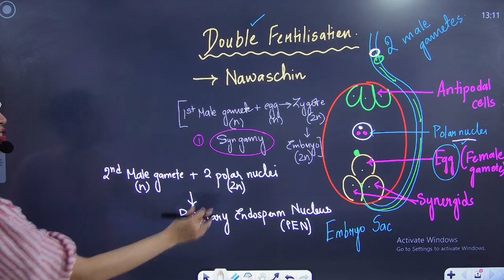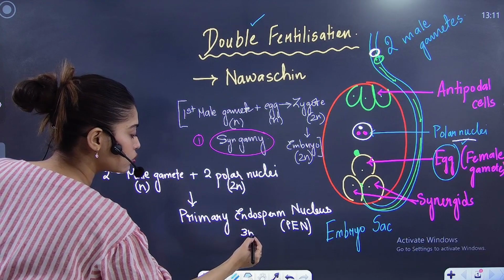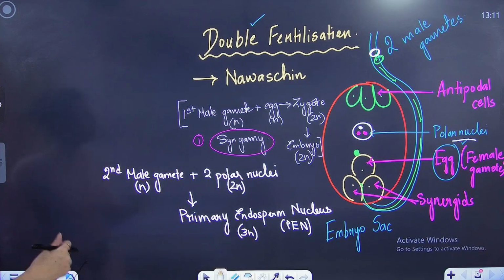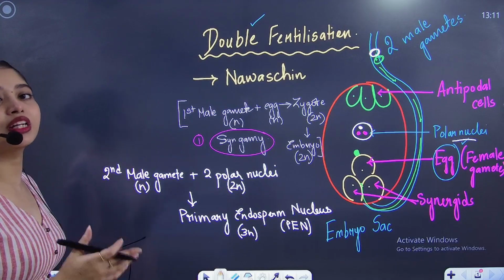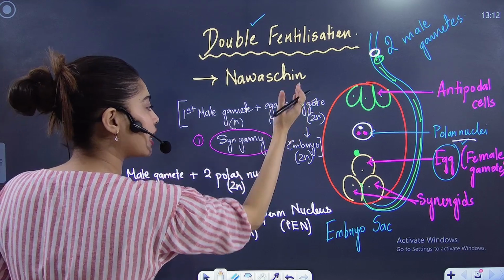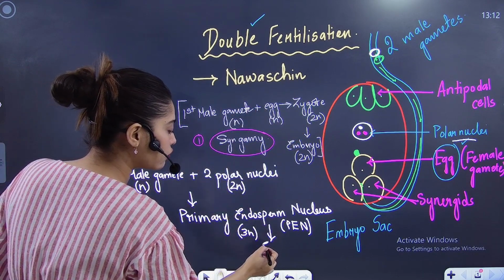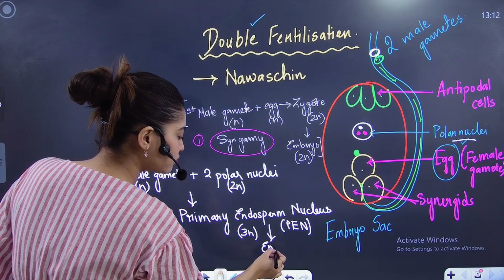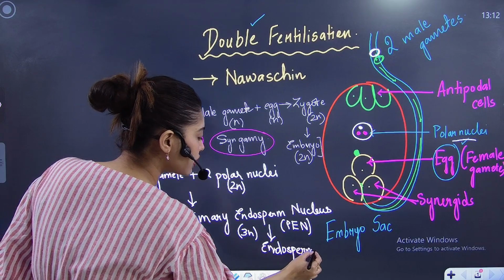So N plus twice N will be thrice N. So the resultant structure, the PEN, will be triploid, that is three sets of chromosomes. Likewise, as the zygote gave rise to the embryo, the primary endosperm nucleus will give rise to the endosperm, which is again thrice N.